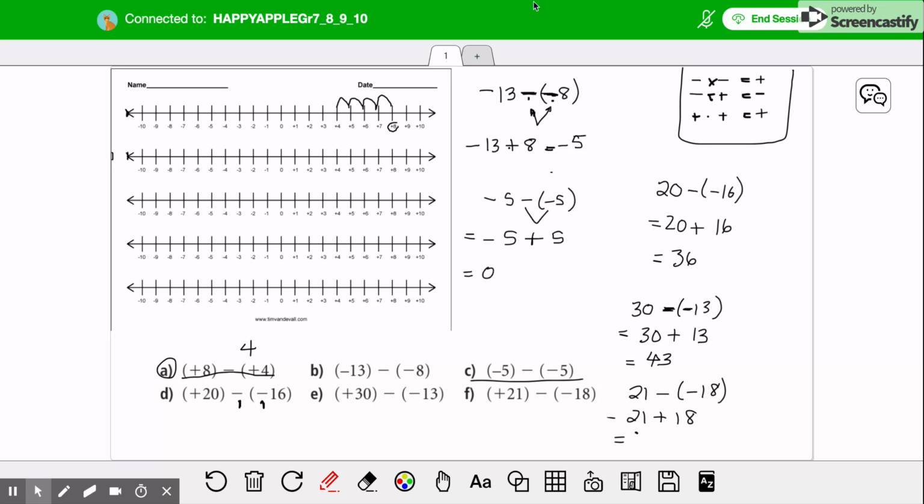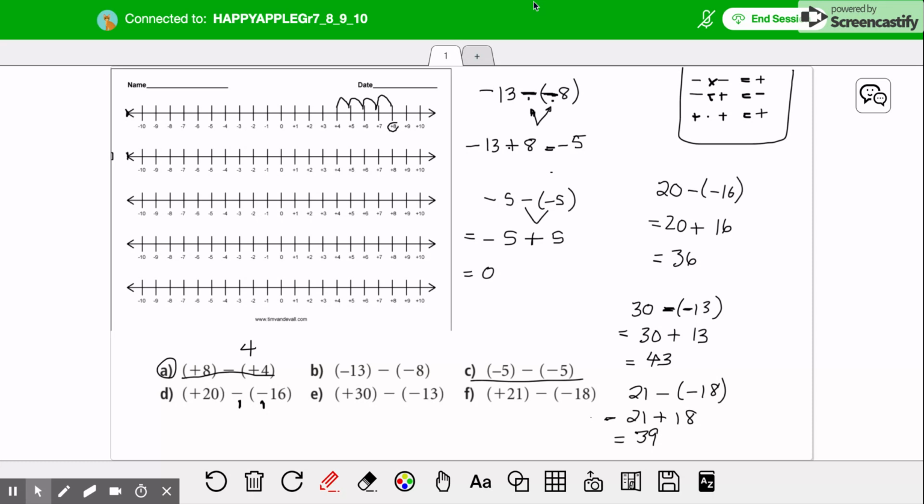But these both are positive. Positive 21 and then plus 18. So you're going to 21 and then you're still going over 18 in the positive direction. So it'd be 21 plus 18, right, which is what I got here. So that would be 39.